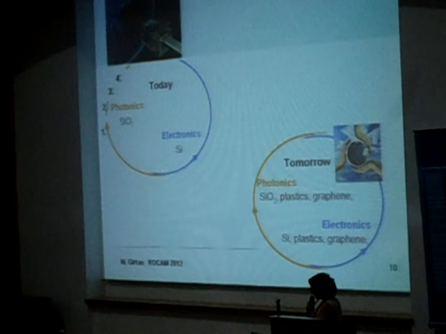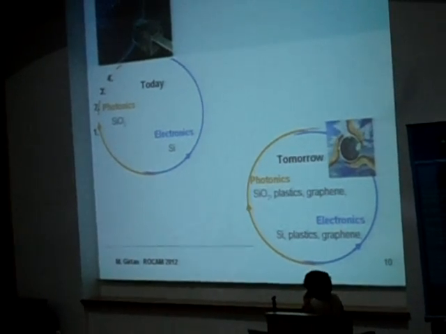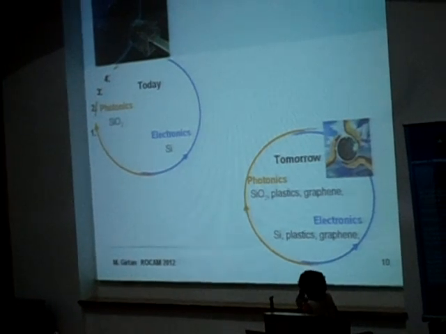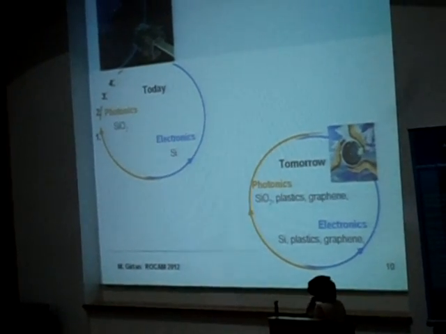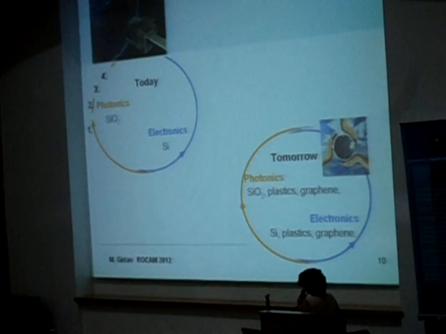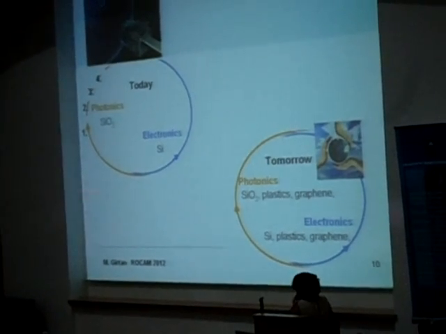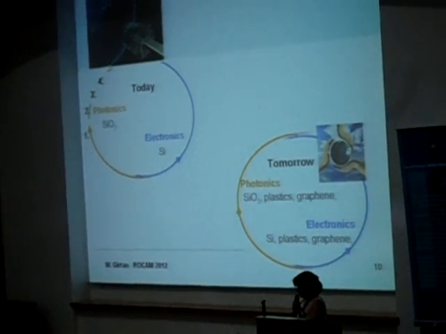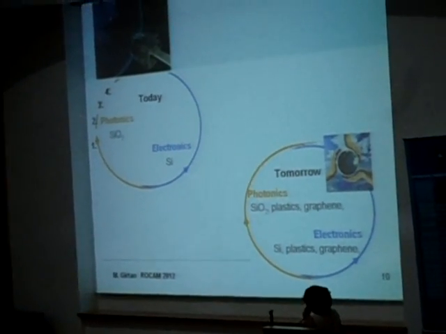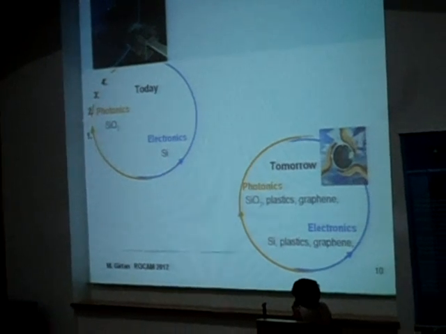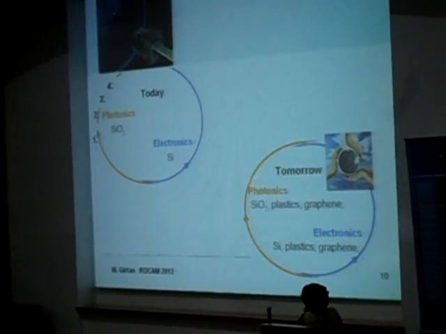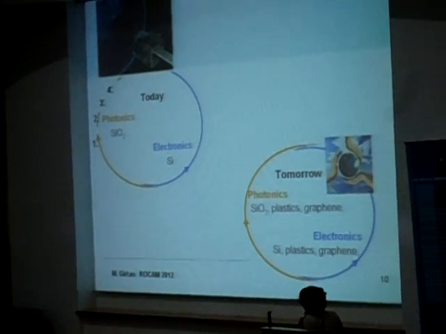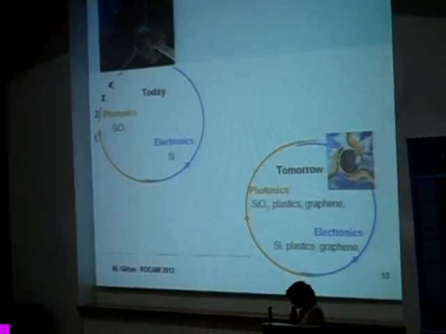So how can we maybe pass from electronic informatics to photonic informatics? Today photonics has not realized what electronics realized with computers, but maybe in the future it will be possible to have a computer which uses photons. Today the principal materials are silicon dioxide and silicon, and tomorrow very promising materials for both of these fields are also plastics and graphene.